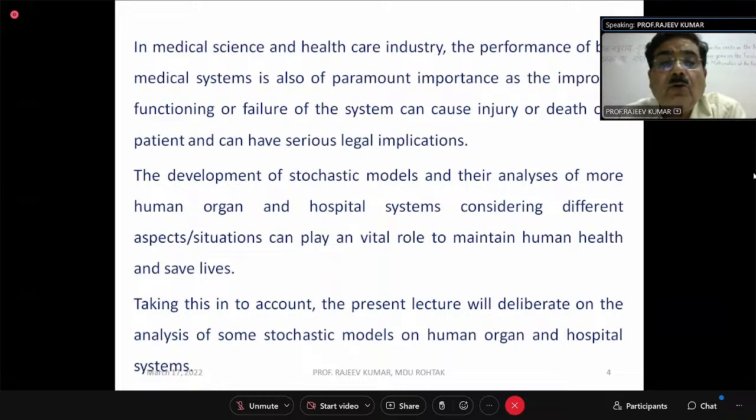So this is about the organ system, but in medical sciences or the healthcare industry, the biomedical system is quite important to us because its proper functioning has to be ensured.